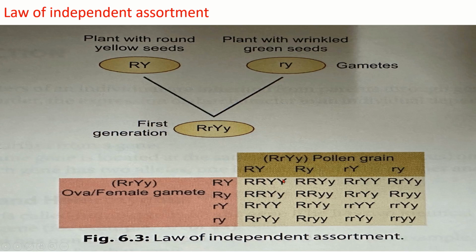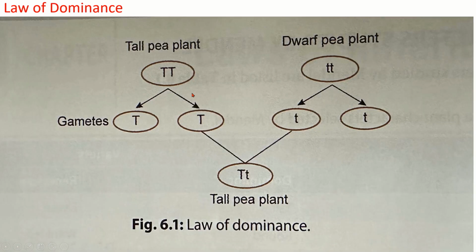But you can see here a wrinkled seed that is yellow colored, and here a round seed that is green colored. That means yellow and round did not go hand in hand. So both characters are independent of each other. That is called the law of independent assortment.